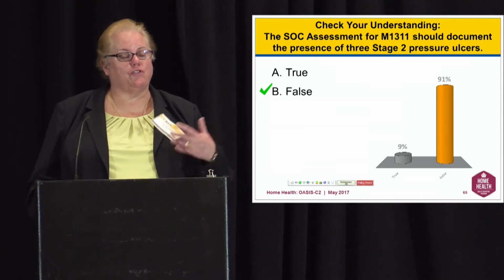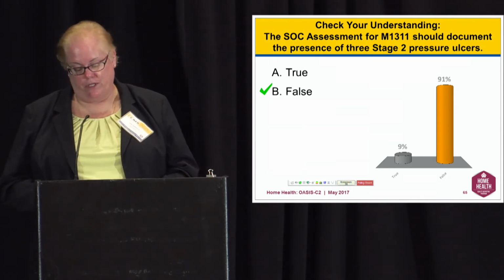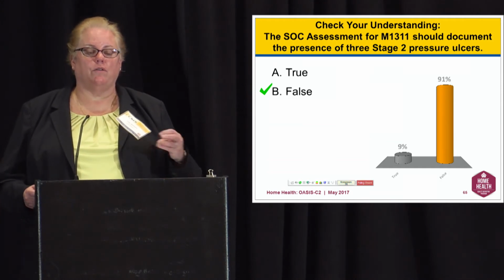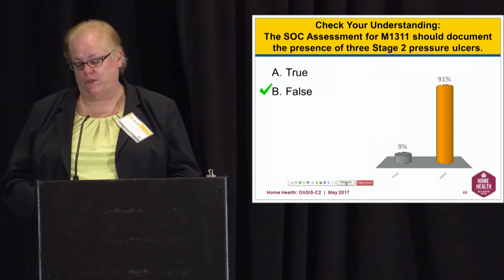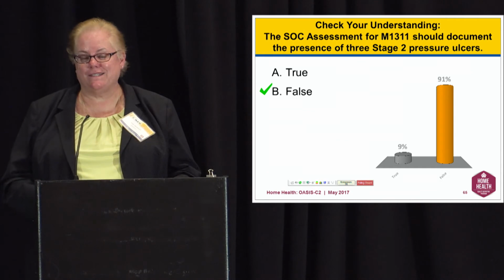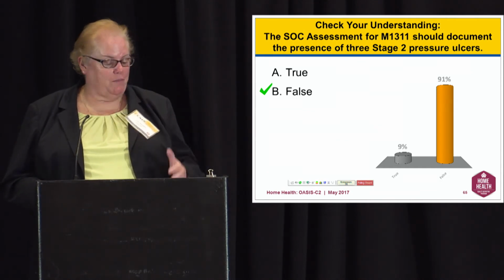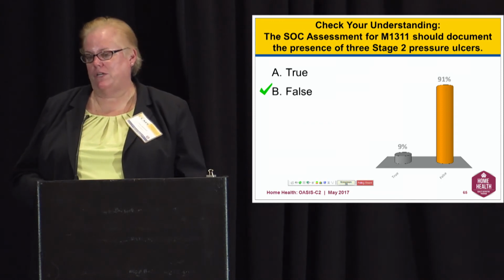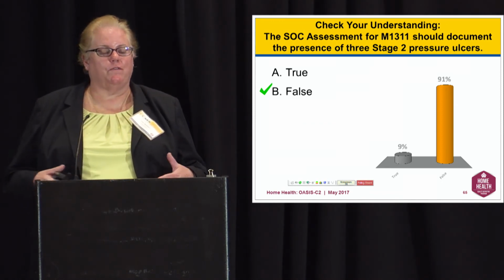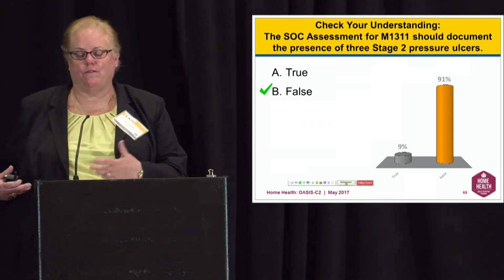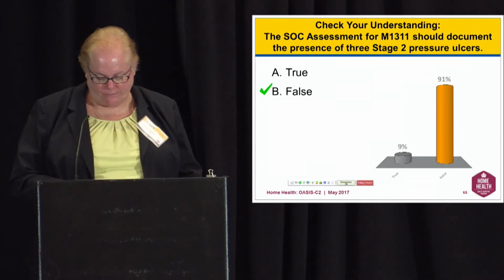But again, a training opportunity when you go back to your organizations: what disease processes are going on with your clients that may present as something that looks like or may be a pressure ulcer? But in this particular situation, the mid part of the abdomen for this particular patient, there was no pressure involved with it, right? Okay.